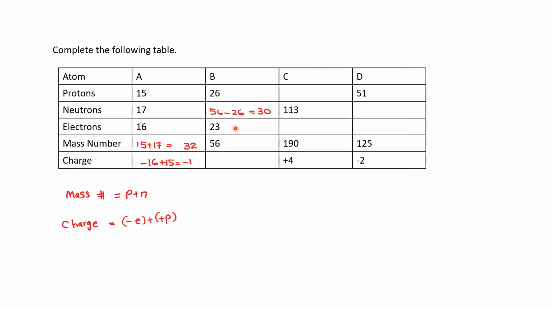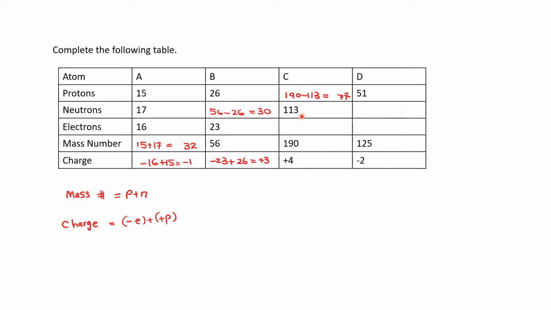To find the number of neutrons, you are going to subtract number of protons from your mass number. That means 30. To find the charge, you are going to sum up your negative values, that means -23, and your positive values, that means +26. The difference is +3.